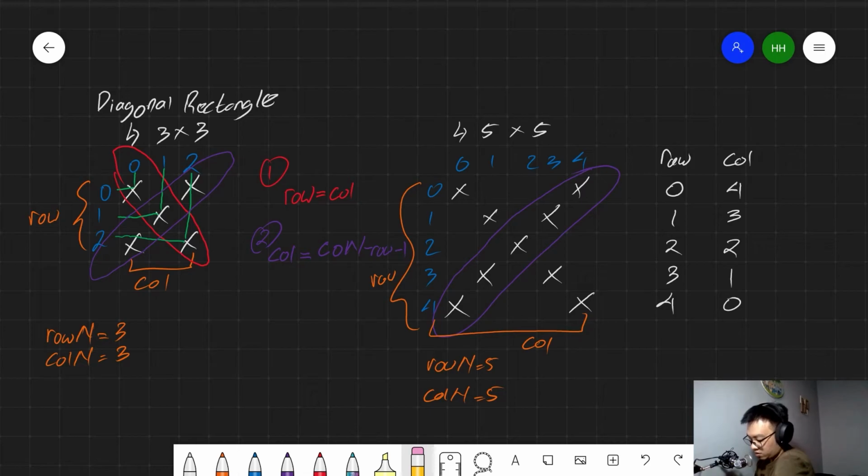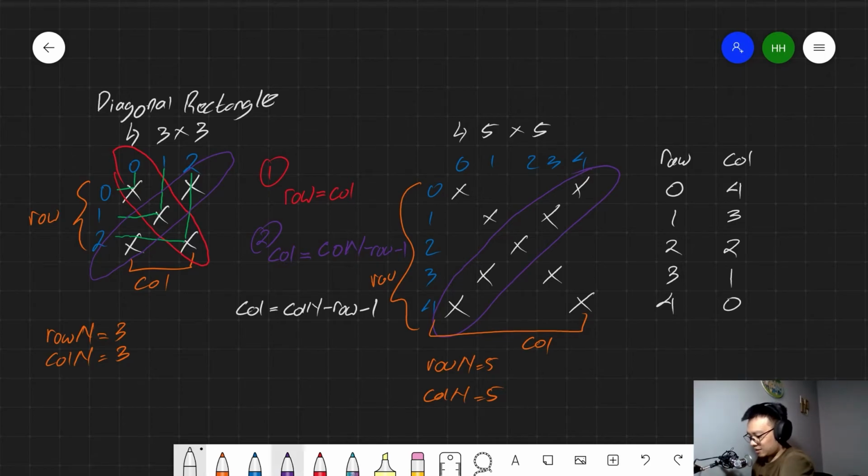Let me write it here. Whenever your column equals column n minus row minus 1.